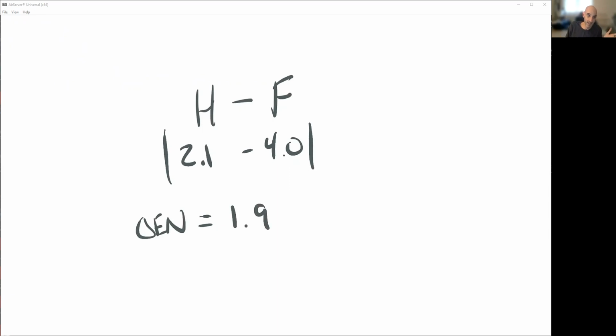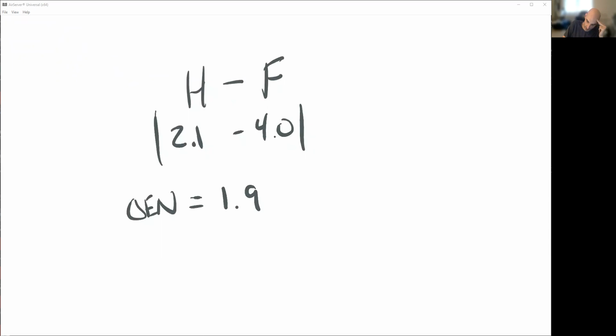That's a pretty massive number. The way we can think about this is that the electrons prefer to be near the fluorine. In terms of electron density, the electrons pile up over near the fluorine, and there are a lot more electrons in that region than near the hydrogen.